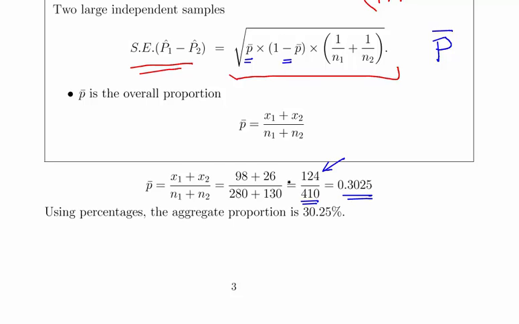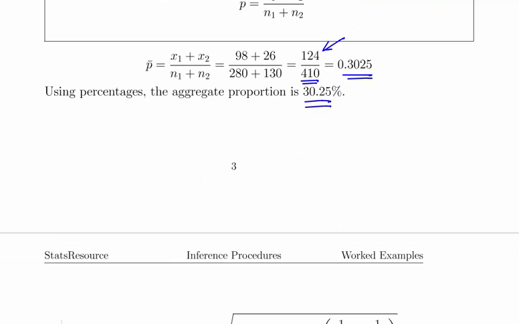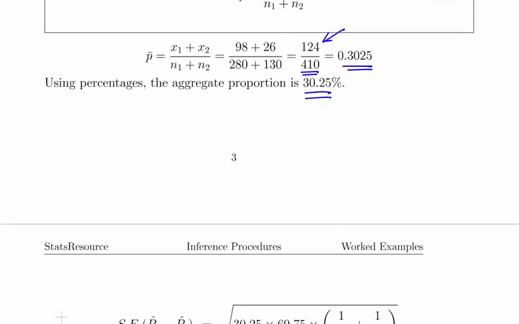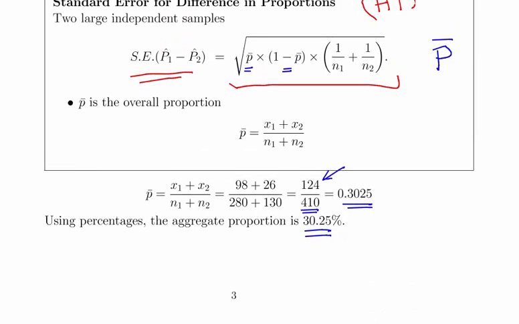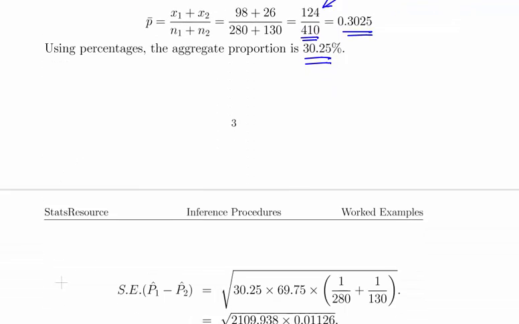Again, I'm going to use percentages. We use that value in our formula to calculate the standard error. Just as a quick remark, if we are using confidence intervals, we would not use this aggregate proportion. We'd use both sample proportions in the calculation.